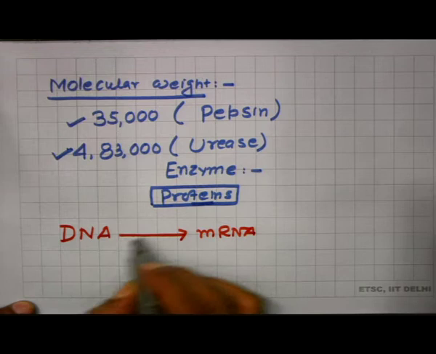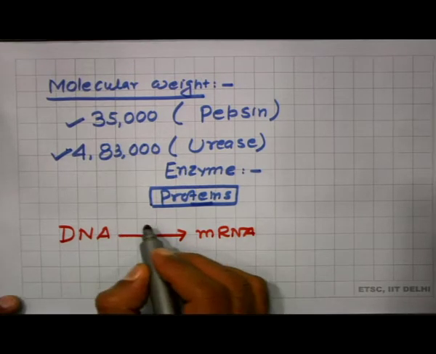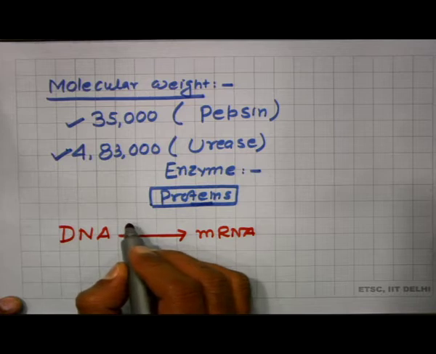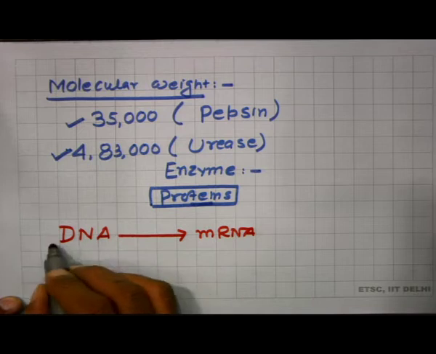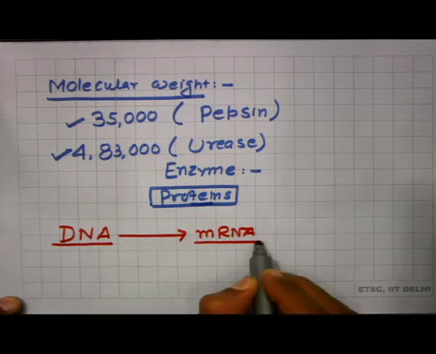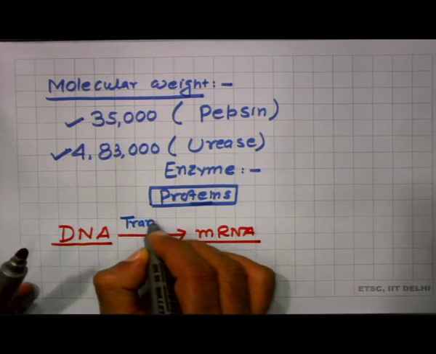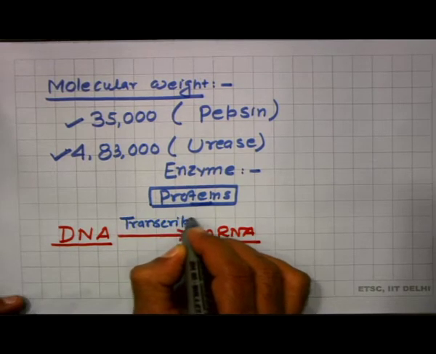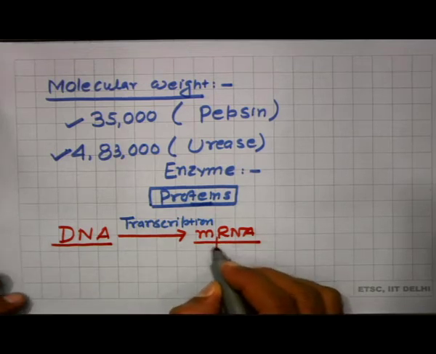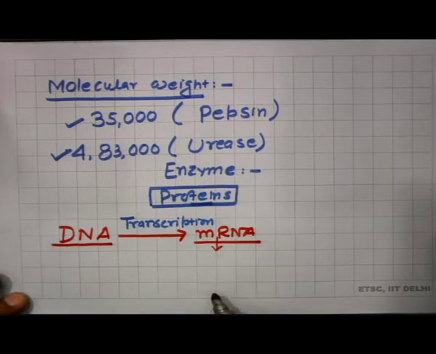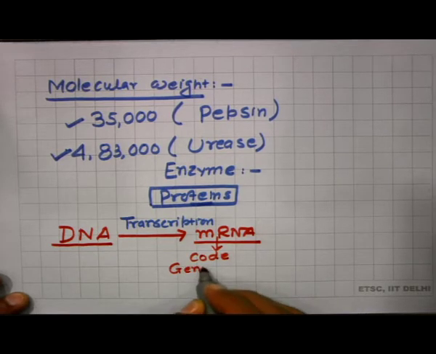This process you will discuss in the class 12th NCERT book, in the chapter molecular basis of inheritance. The conversion of DNA into messenger RNA is called transcription. This messenger RNA is written in codes, and that code is called the genetic code.